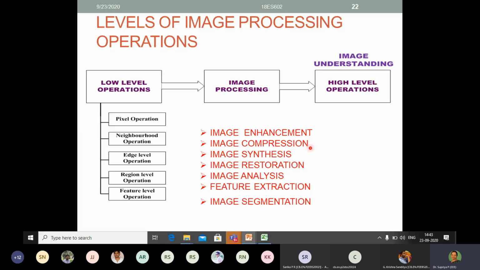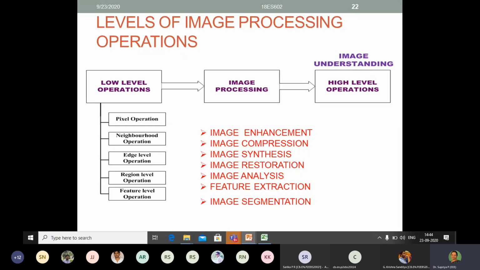Image synthesis, where we analyze and synthesize what is present in the image and how we could change it. Image restoration is especially suitable in cases where you have old images, you would like to restore them and bring them back to their older conditions. Especially you could have seen nowadays that in the crime field, in cyber crimes, this image restoration is an important problem.